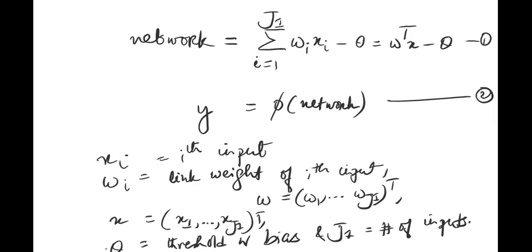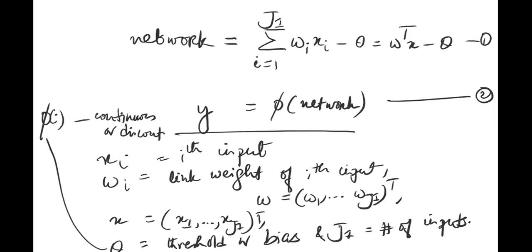Now let's go into the activation function, which is your phi. Usually it's a continuous or discontinuous function that essentially maps the real numbers between -1 and 1, or 0 and 1.